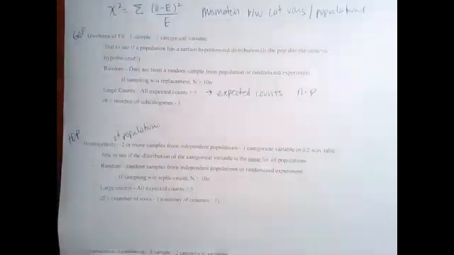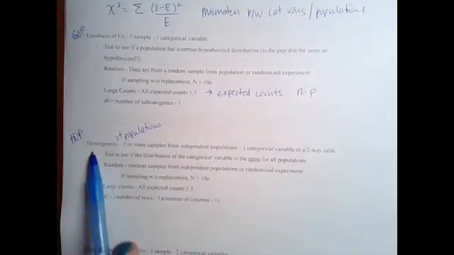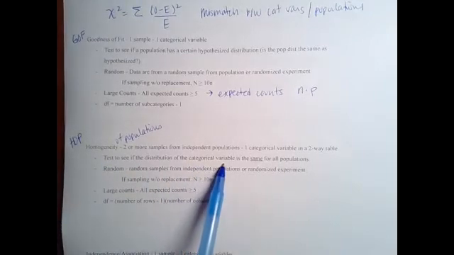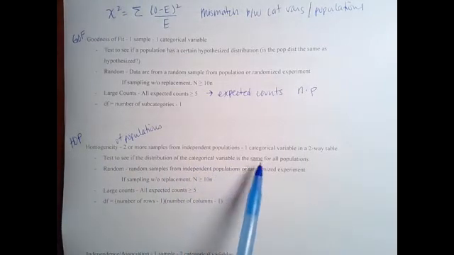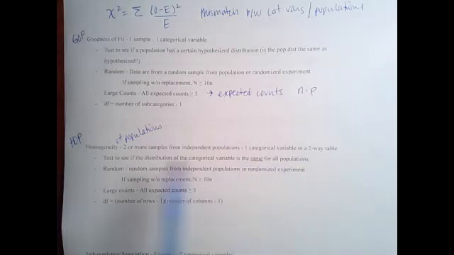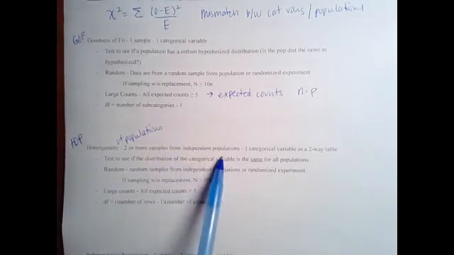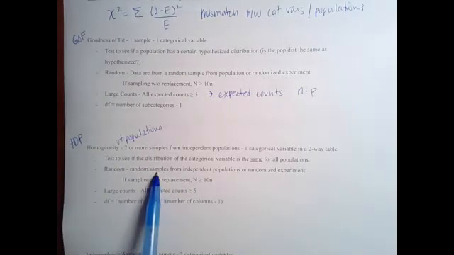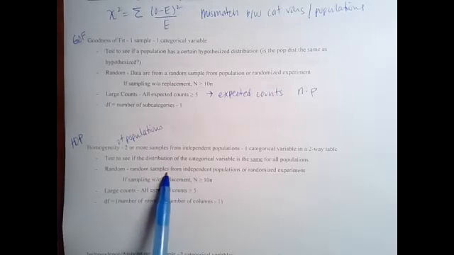So we want to see if the distribution of the categorical variable is the same for all of the separate independent populations. The random sample condition is the same, except that it applies to multiple samples.